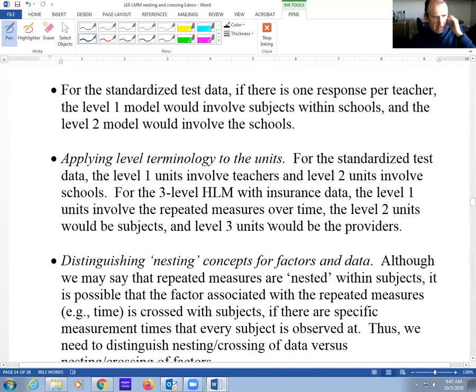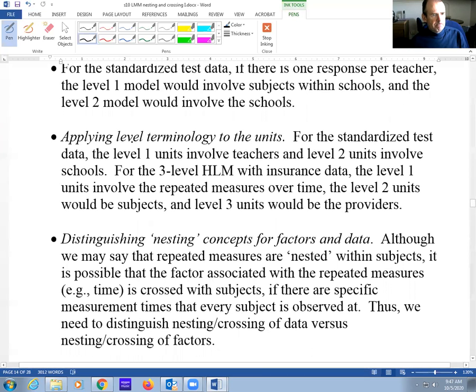For the standardized test data, if there is 1 response per teacher, the level 1 model would involve the subjects within schools, and the level 2 model would involve the schools. And again, level 1 is a lower number, so that's the smallest unit that you have. Then level 2 is bigger, level 3 is bigger, and so forth.